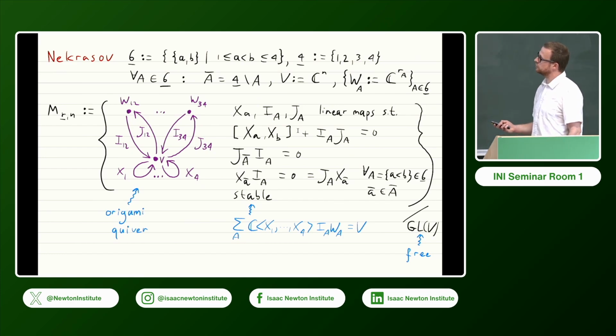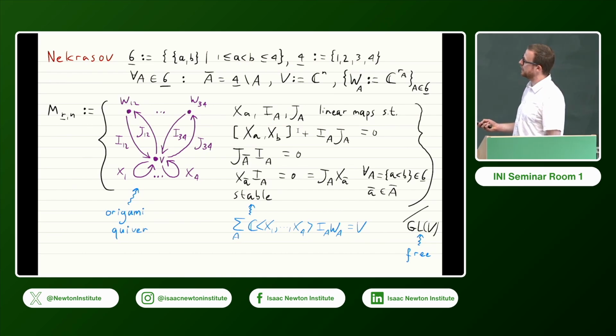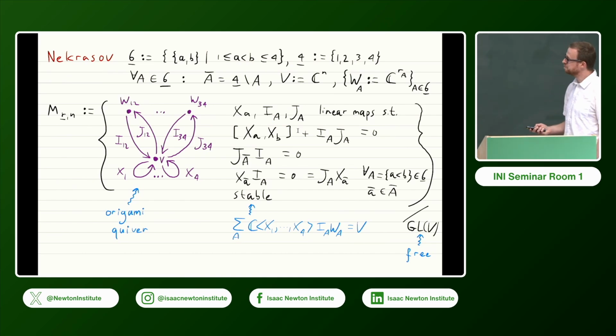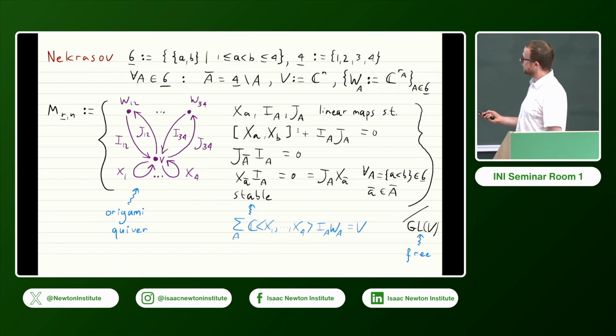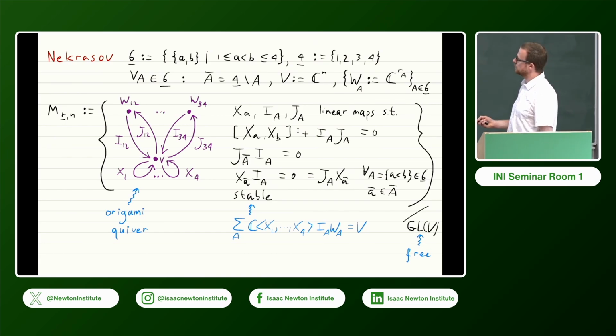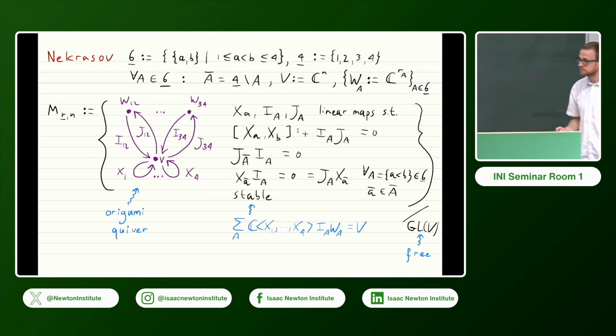And then he tells us whenever we go in with an arrow I_A and we go out with the complementary arrow J_A bar, we also should get 0. And then we have this final set. If we take little a bar in capital A bar, so the complement of A, we have that if we first go in with I_A and then act with x_a bar, we get 0, and the same for the J.